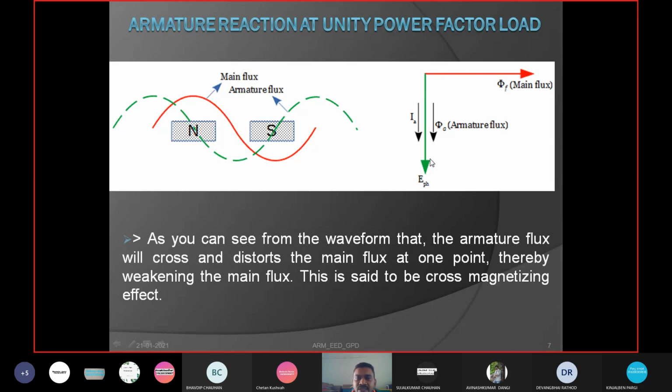Here is the EMF induced in the armature, here is the armature current, both in phase with each other, and they lag behind the main field flux by 90 degrees.